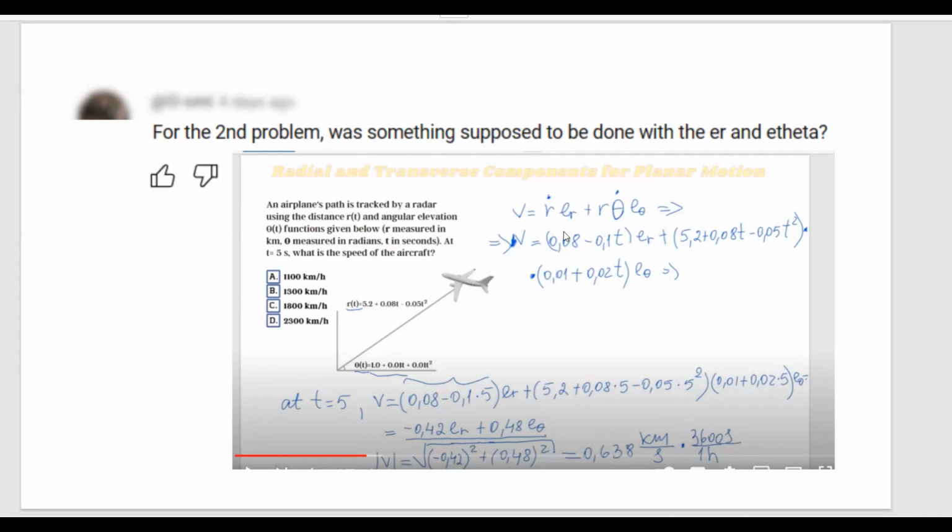So these are actually unit vectors, like, for example, the unit vectors that you're probably used to are the i, j, k. So these replace those i, j, k in this equation. So these are unit vectors. You don't do anything with them. That's the answer to your question.